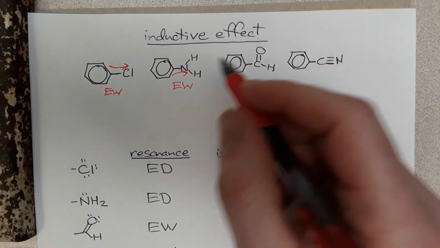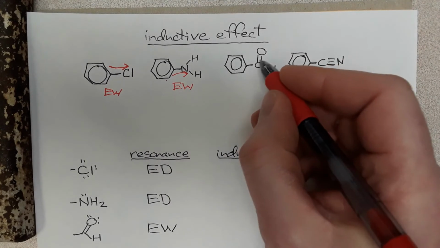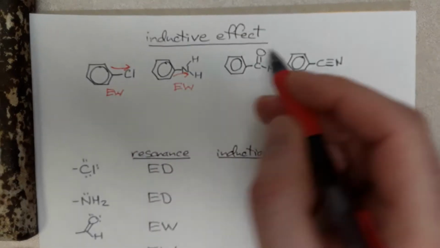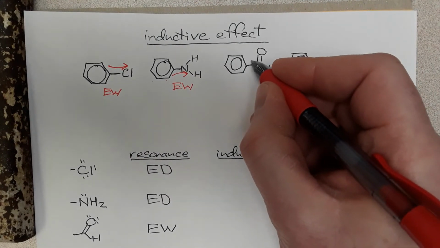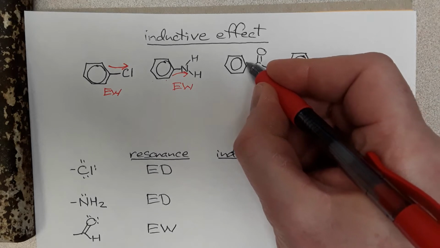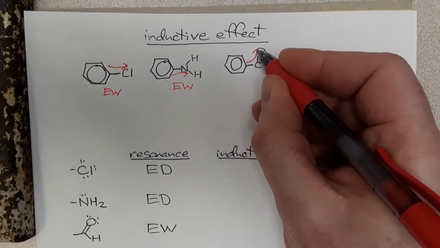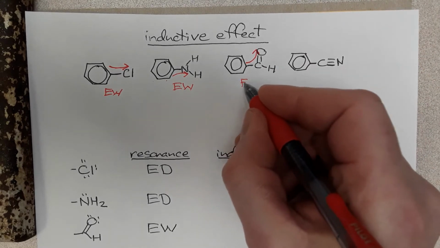It's very strong when it's on the next atom, and then as it gets further away, it gets weaker and weaker. Well, this is not an electronegative atom attached to the ring like these are. It's two atoms away, but still there's an inductive effect. It's pulling electron density away from the first carbon, which pulls it away from the second carbon a little bit, and so we still have the electron withdrawing inductive effect.